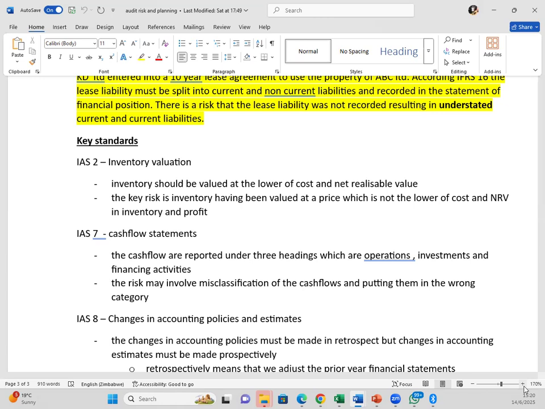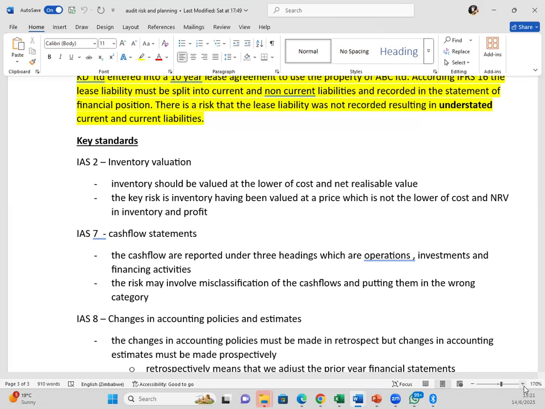So if we change depreciation, it's an estimate. Sorry, take the provision for doubtful debts. We estimate each year those that we think are not going to pay the amount due.